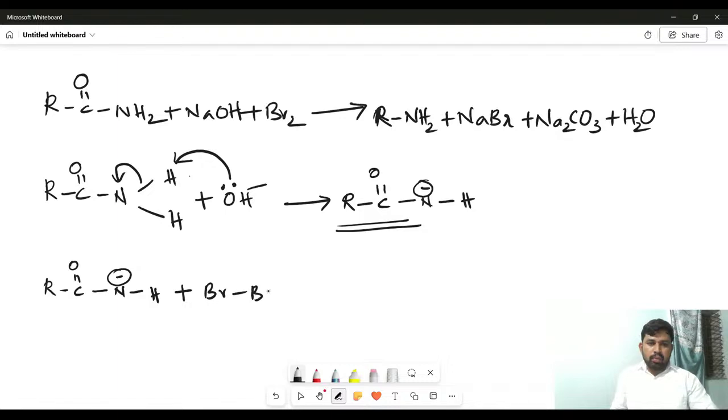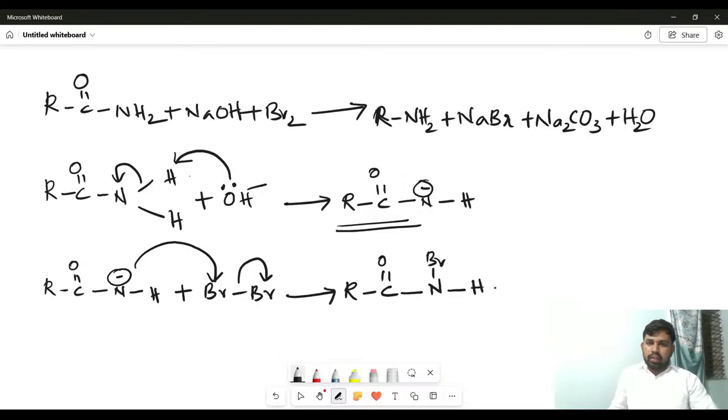This nitrogen will attack this bromine, so that the electrons will be shifted onto the other bromine. So now we get R, carbon double bond O, nitrogen becomes NBr, with a hydrogen here, and we get Br minus.